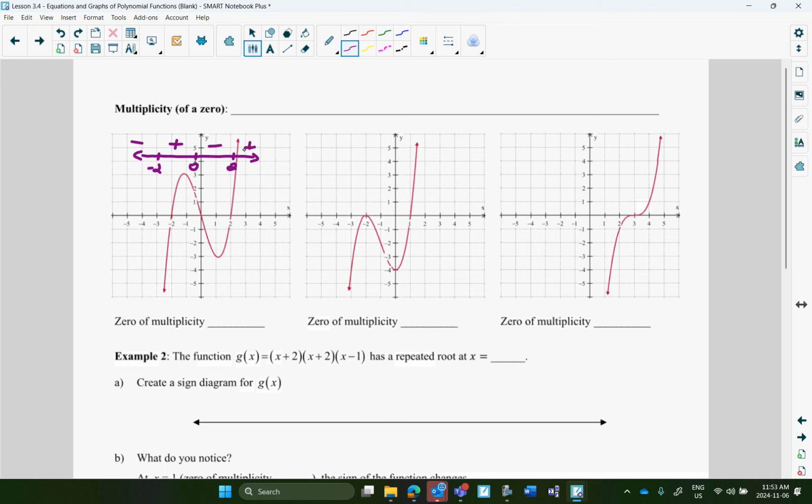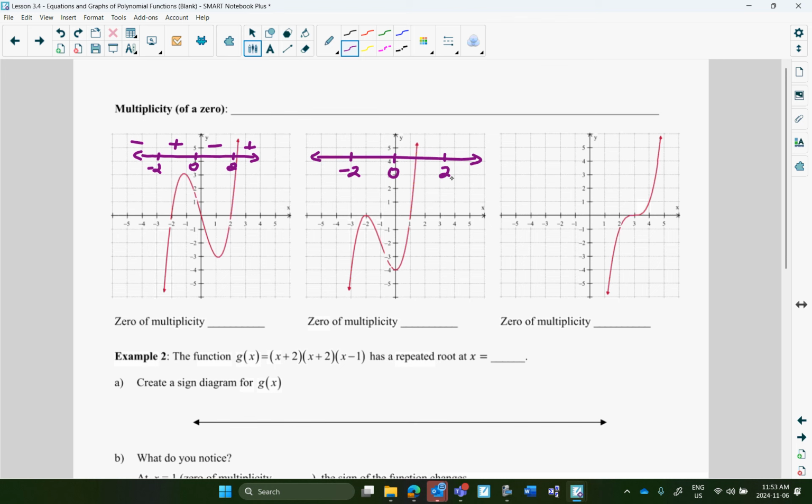Sometimes, however, and this is not really a great math word, a curve will bounce back on the x-axis, like this. Okay? Notice this one, if we did -2 and 0 and 2.